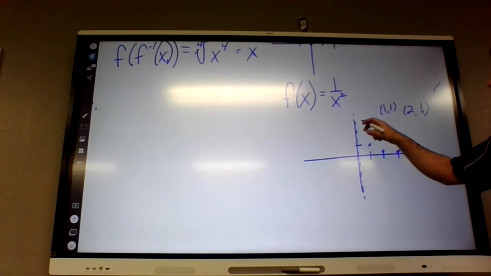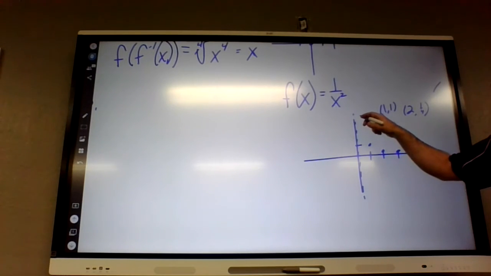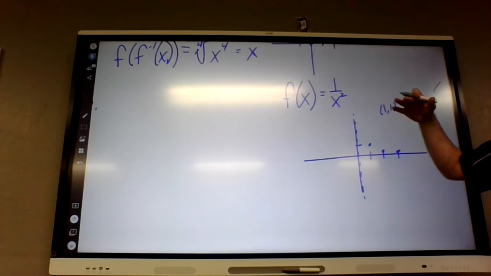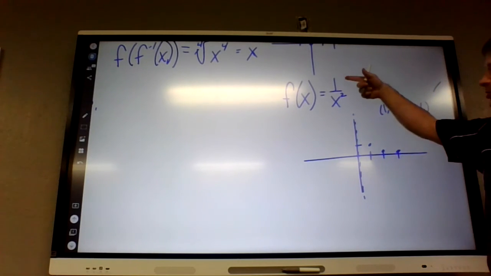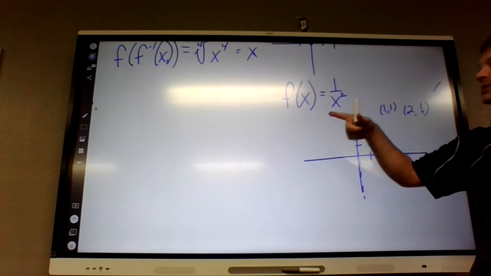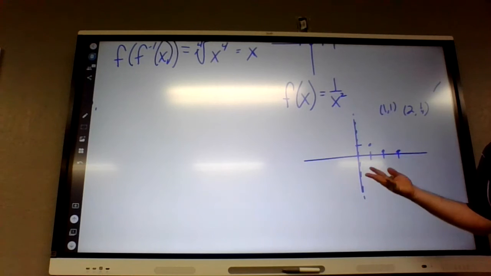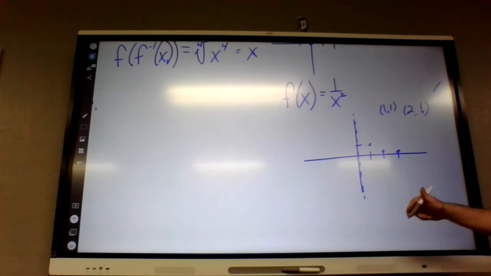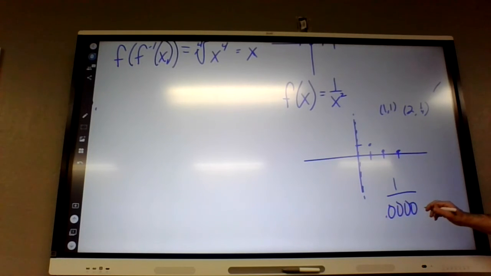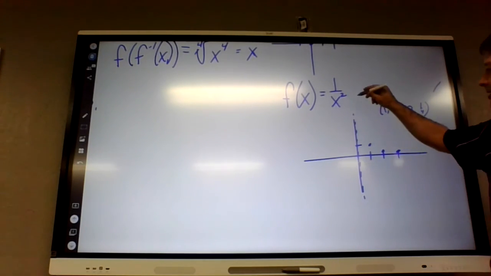What if I plug in like 0.00001 and then you square it and you get 0.000000001? What's 1 divided by a really tiny number? It's a gigantic number because it goes into 1 a bunch of times. So if you plug in a tiny, tiny number, it gets huge.